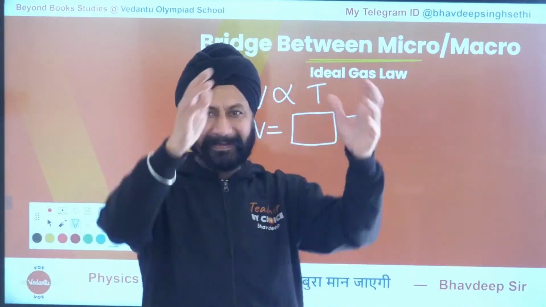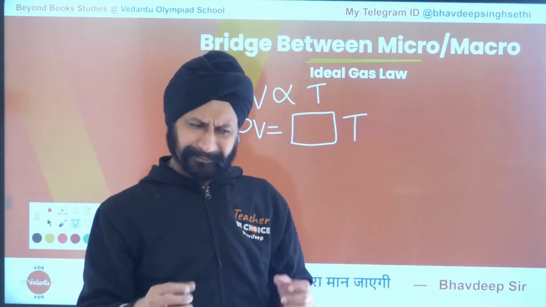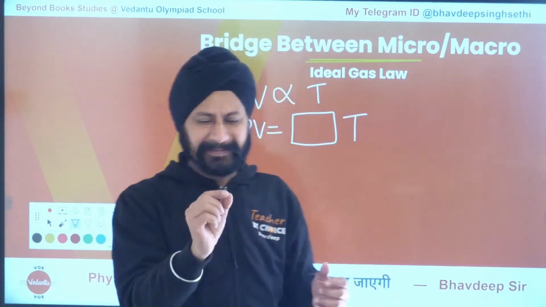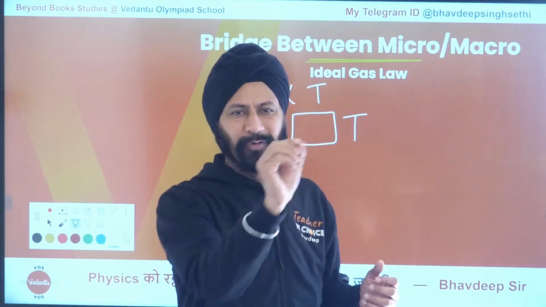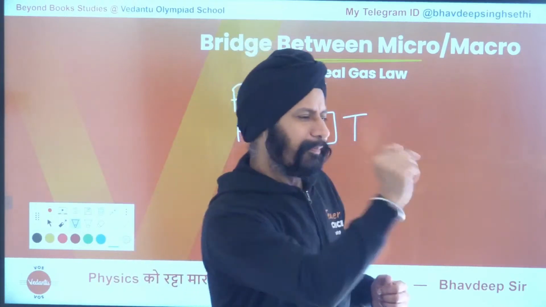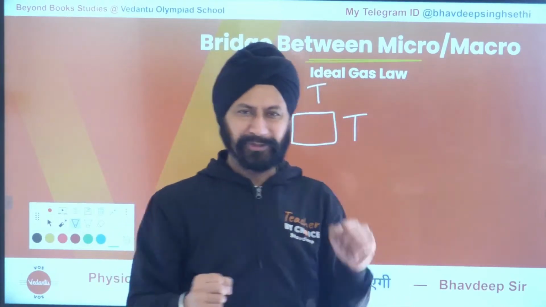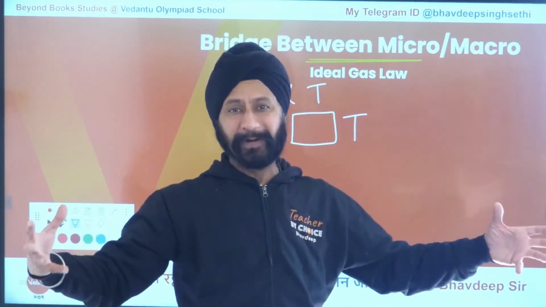Let's take a container and put in 1 gram of gas. At 20 degrees Celsius, they have a certain momentum, a certain kinetic energy on average. So they will impart some momentum on the wall, creating some pressure. If I double the gas to 2 grams, it's going to be more pressure.